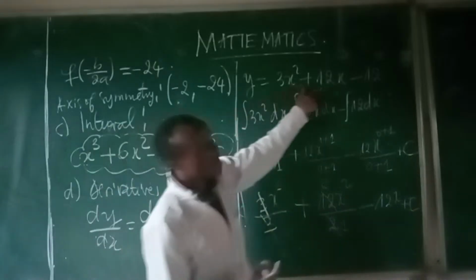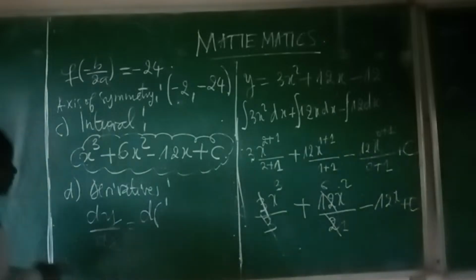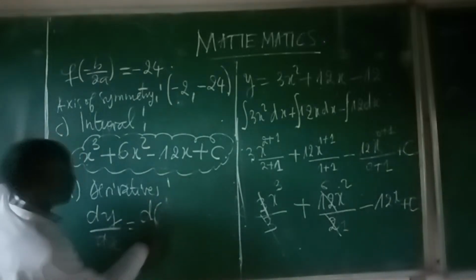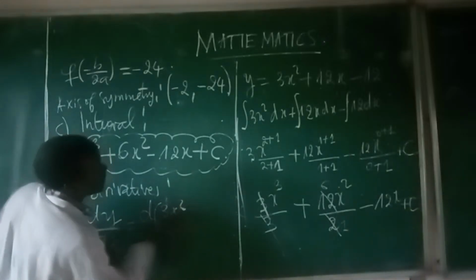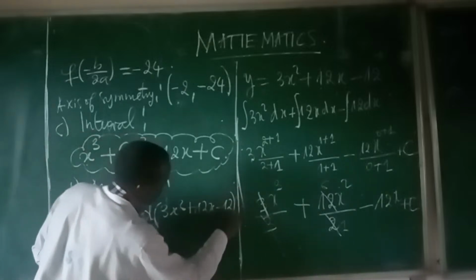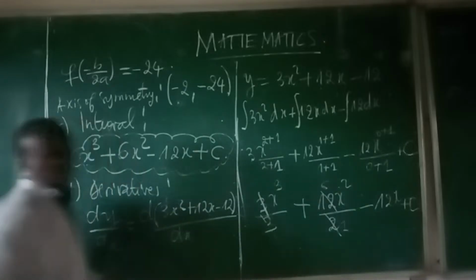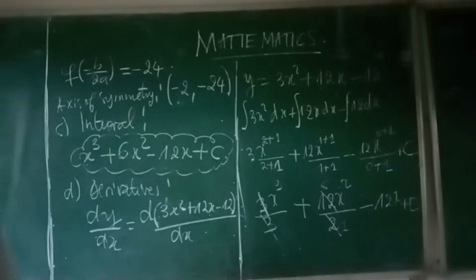It is this one that you have here above, that is 3x squared plus 12x minus 12, close the bracket, with respect to dx. Yes, that is what we are going to find the derivative of.